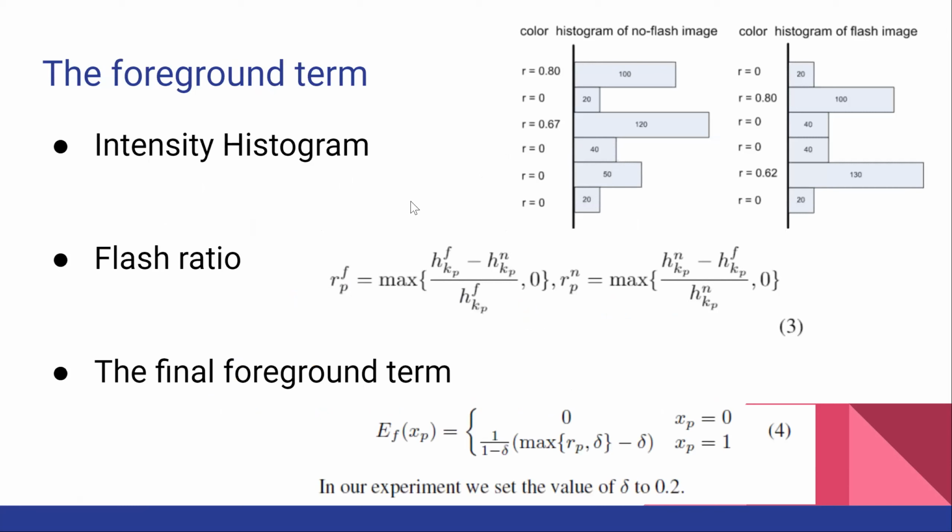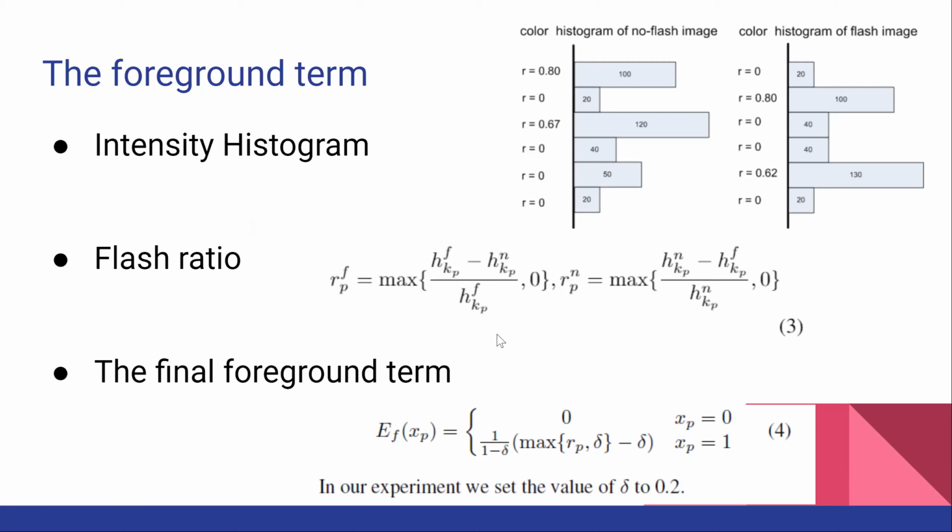How do we compute the foreground term? The general idea is that first, you classify the intensities into histograms. Since we have really big pictures, like 6,000 by 4,000 pixels, we simply use 256 histogram bins and put the pixels into the boxes.